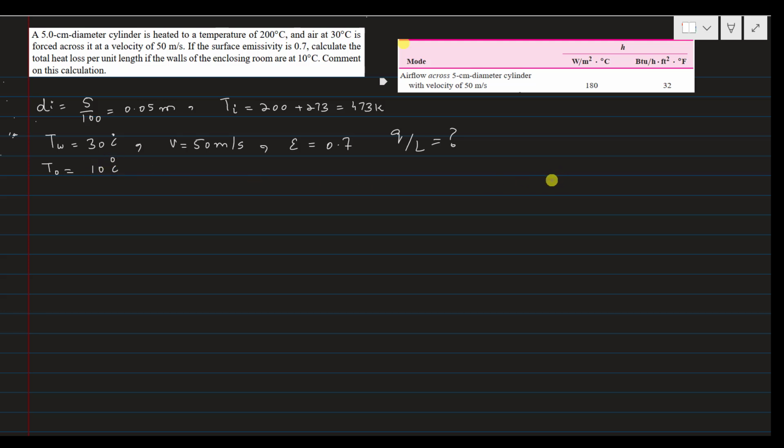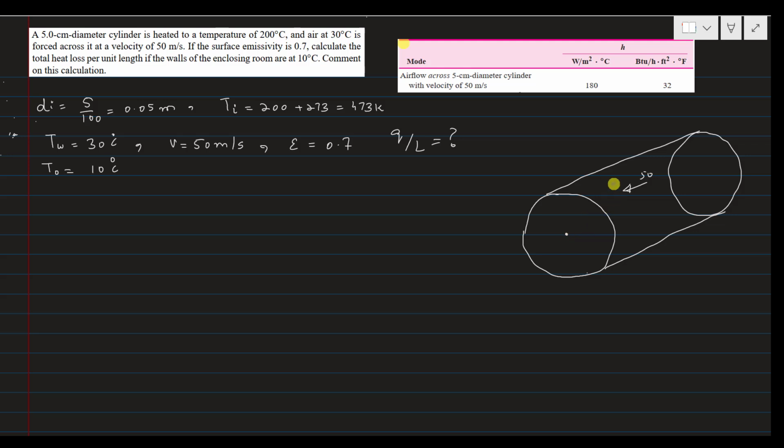So let me draw a sketch so you can understand the scenario of this problem. This is the pipe in which air is flowing at a velocity of 50 meters per second, and its temperature is 30 centigrade, that is TW, and the inside diameter is 0.05 meter.